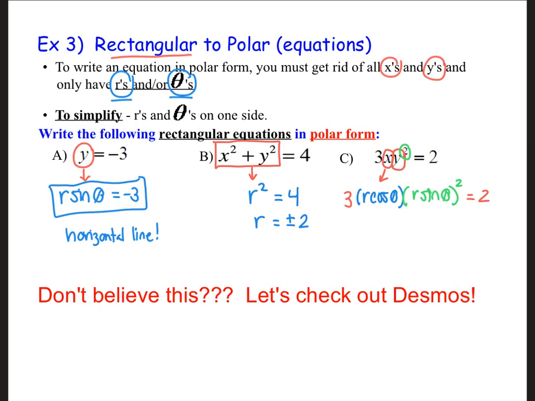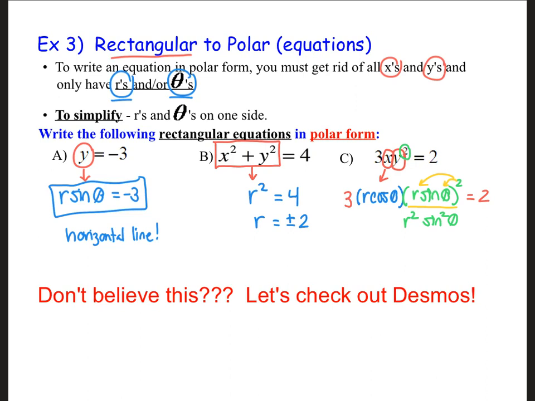Okay, now we do want to do a little bit of simplifying here. For example, right here we can square this quantity. That means that we have to square the r and we have to square the sine of theta. So that would give us r squared and sine squared theta. Then, since all of these are being multiplied together, we can multiply some of these.